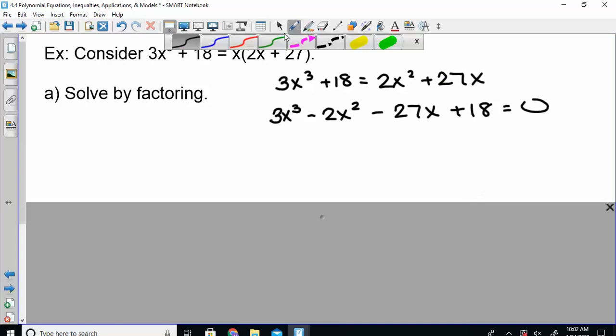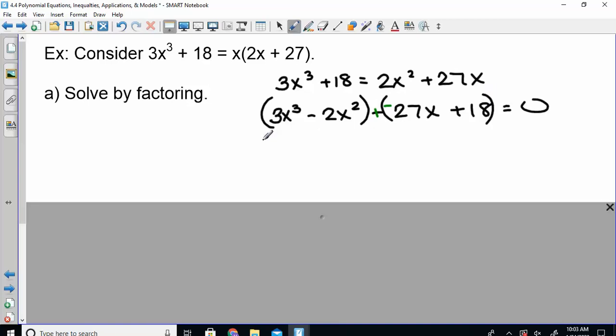Now you can group. Remember, we don't want to put a parenthesis after a negative, so I'm going to think of that as a negative 27. Then I'll put the first two together and the second two together. What can you take out of the first one? x squared. That leaves us with 3x minus 2. What can we take out of the second one? 9.